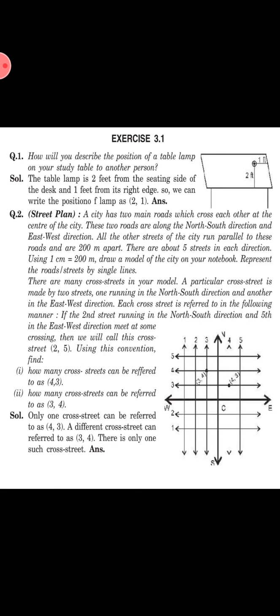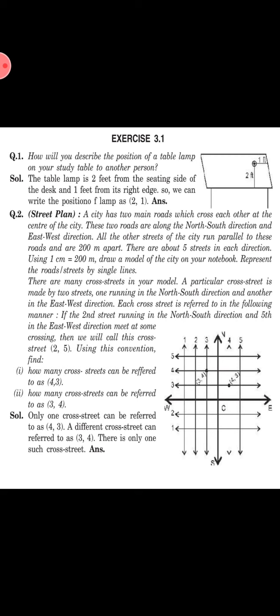If the second street running in the north-south direction and fifth in the east-west direction meet at some crossing, then we will call the cross street 2, 5. Using this convention, find how many cross streets can be referred to as 4, 3. And another question, how many cross streets can be referred to as 3, 4.